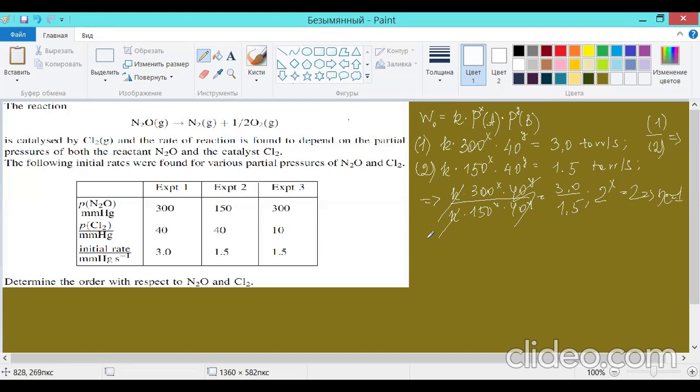So let's write the equation for the third experiment. k times 300 raised to X times 10 raised to Y is equal to 1.5. Now we can divide the first equation by the third term by term, and we will get the following.